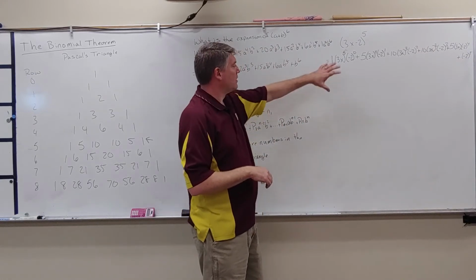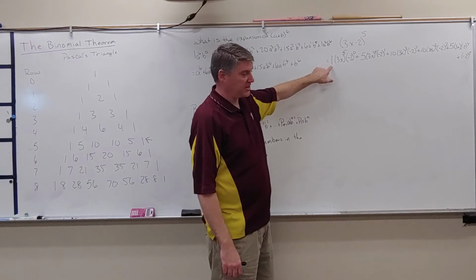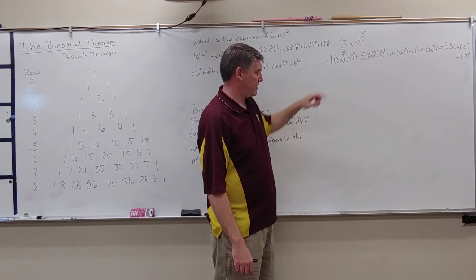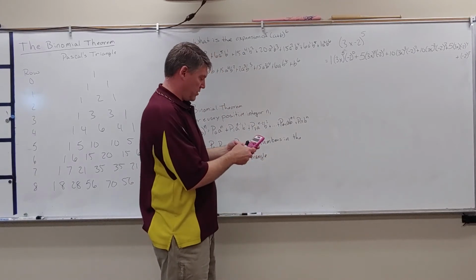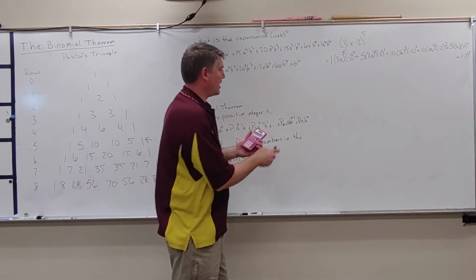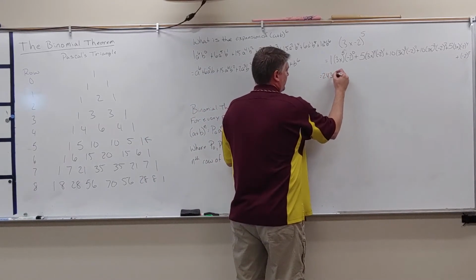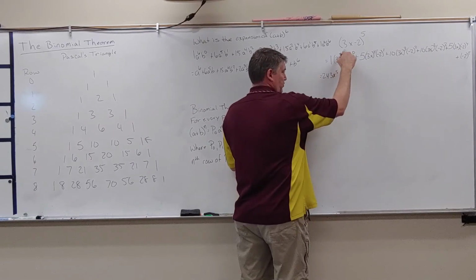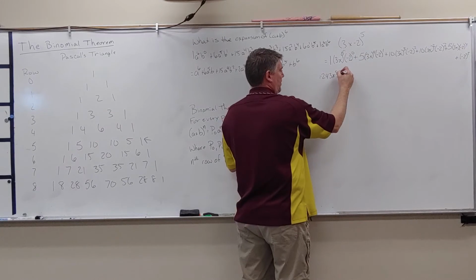I apologize. So when we're doing this, this is my starting coefficient. Now I also have to take 3 to the fifth power. So I actually go 3 to the fifth power times 1. So this becomes 243x to the fifth, because this is 3 to the fifth, x to the fifth. 2 to the 0th is 1, so I'm done there.